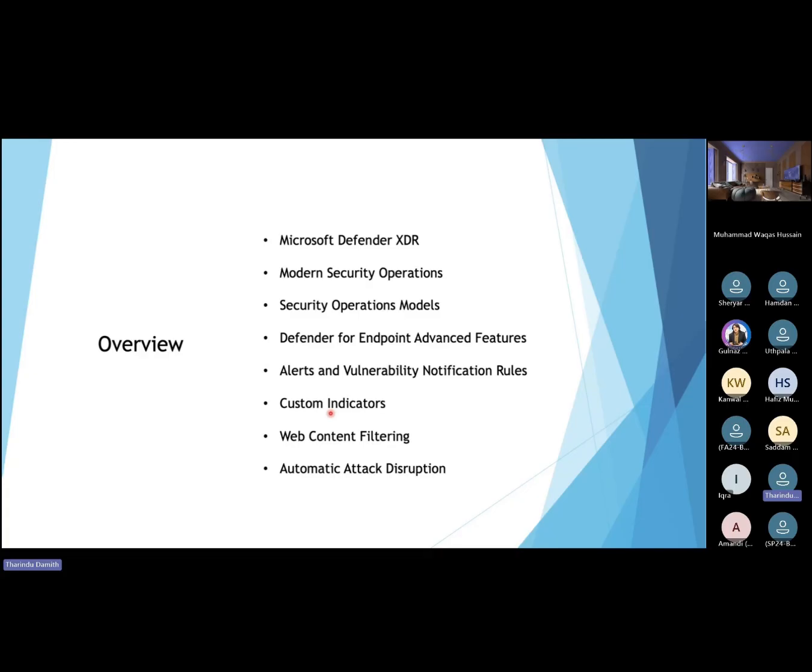We will also tackle web content filtering. Think of it as a security guard for the internet. We will set up policies to block access to harmful websites and keep your organization very secure.